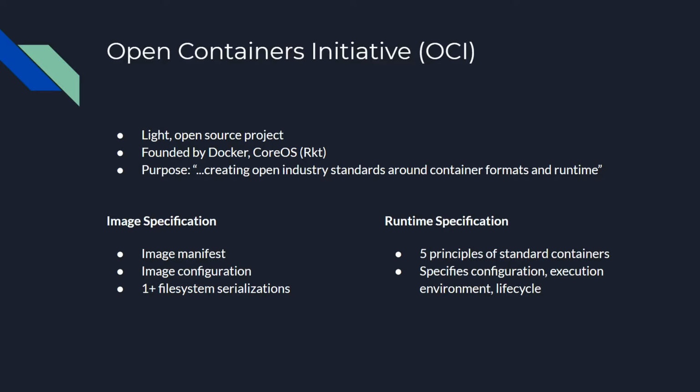One of the big reasons is because a few years back when the OCI was being formed, Docker donated their image and their runtime specification, as well as some of their other underlying runtime code, to the OCI. And because Docker obviously follows their own specifications, that means that all Docker images are OCI compliant.